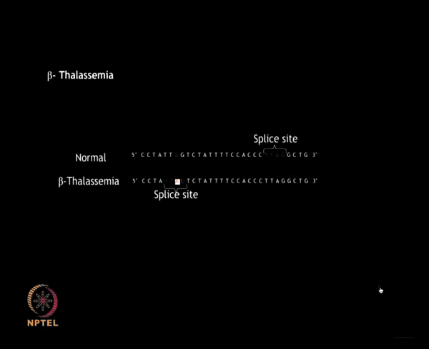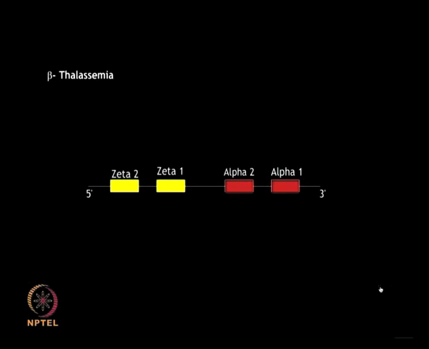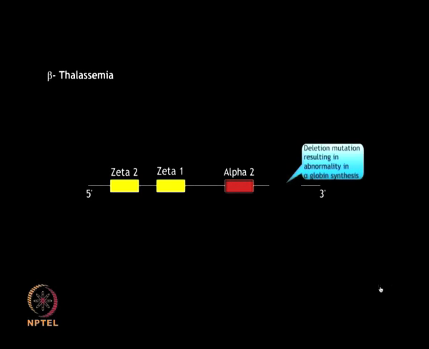The resulting mRNA contains a stop codon further upstream and leads to premature translation termination, thereby producing aberrant protein. Deficiencies in alpha globin synthesis due to inactivation of one or all of the 4 alpha globin genes result in alpha thalassemia.